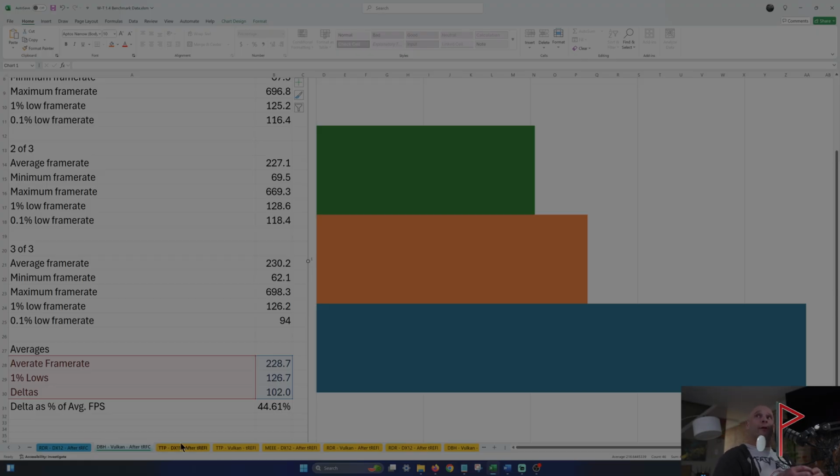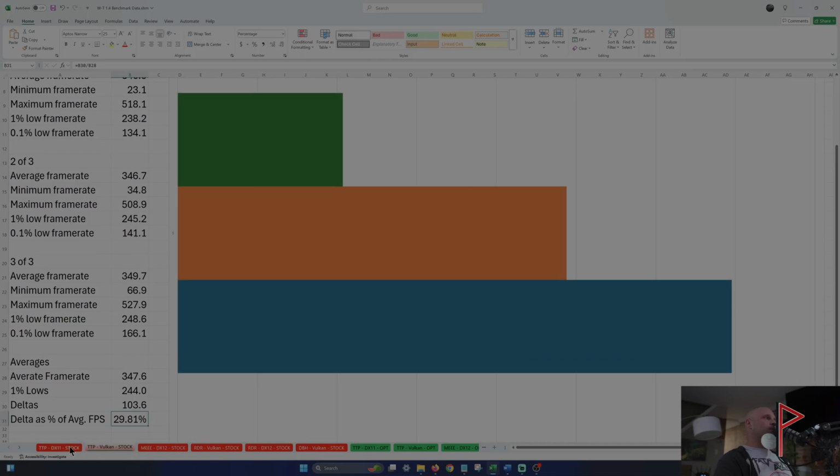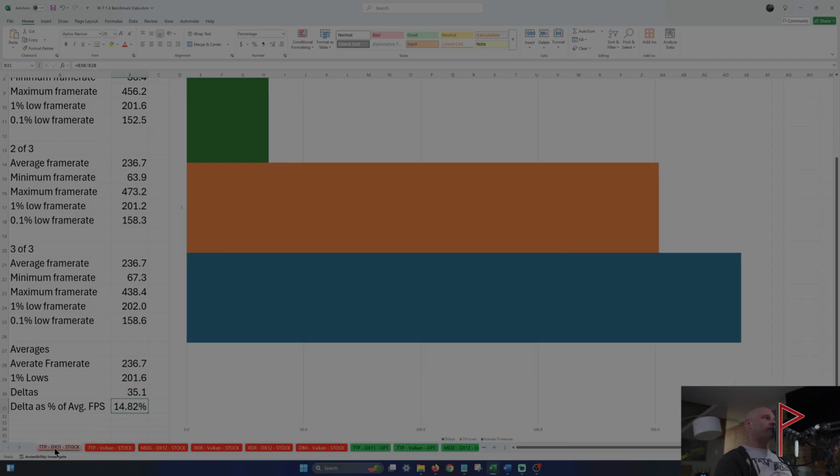Now, we've already talked about tREFI, so we might as well go into those results. Let me just recap really quick. Going from the stock configurations, Talos Principle in DX11 and Vulkan, 30% deltas. Okay? 30% in Vulkan, much, much lower in DX11 with also many, many fewer frames.